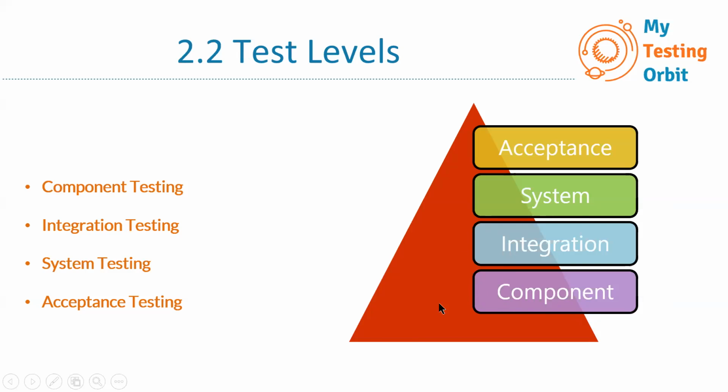If we skip this level altogether and just hope that everything works in integration, that might not be a very good idea. If we do proper component testing on individual components, then later on we'll have fewer defects in integration, system and acceptance testing.